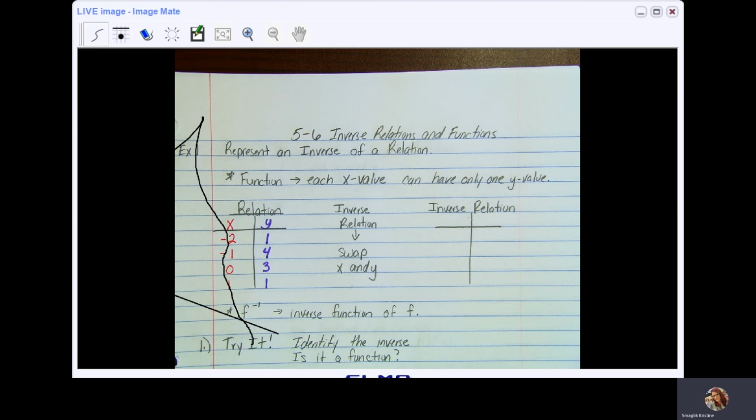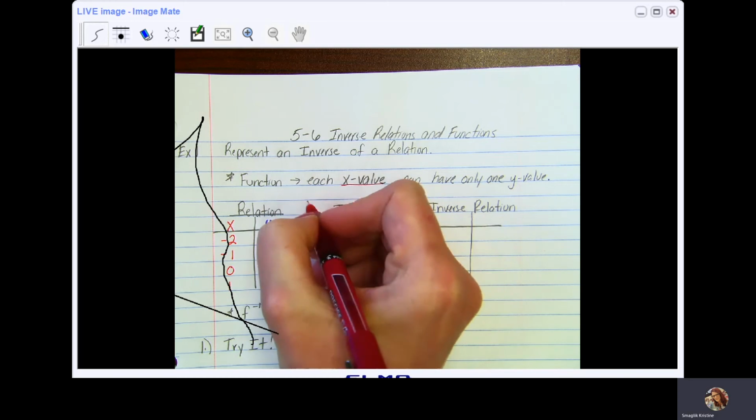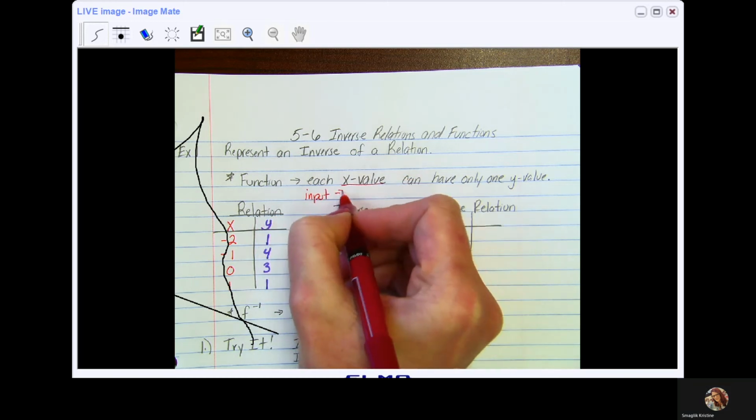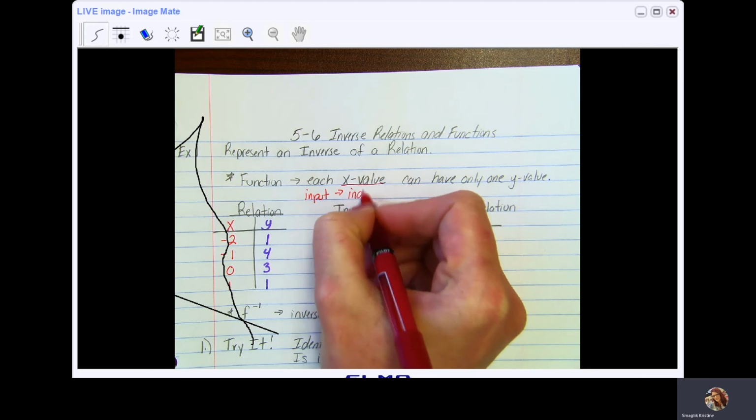For every x value, each x value can only have one y value. Remember here that x value is your input, which is your independent variable.